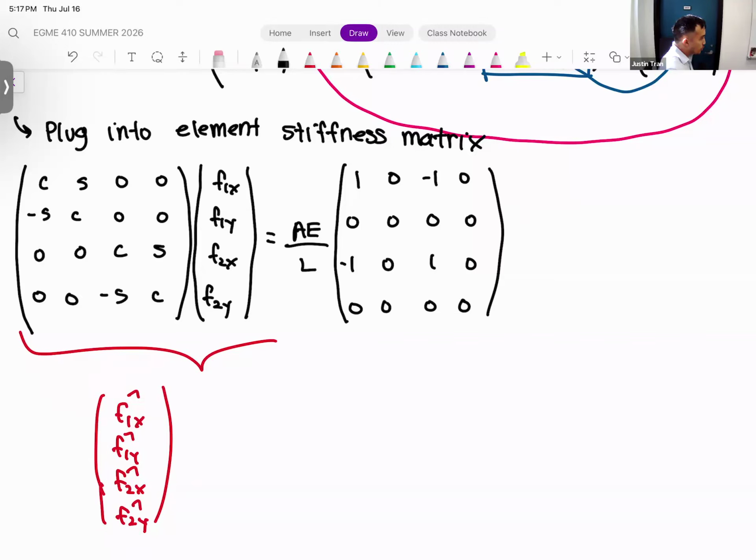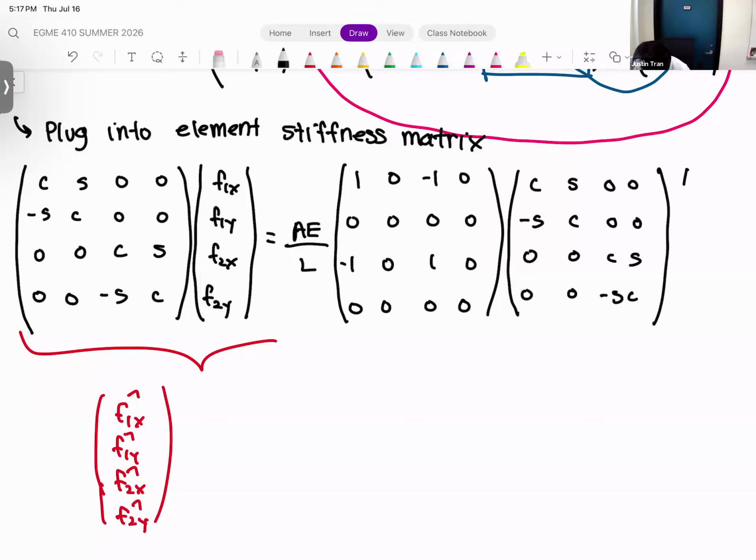And then from there, we're going to multiply it by the vector of our deformation, to which we're going to apply the exact same transformation. Okay. All right. So this is multiplied by the exact same transformation matrix. So we have C, S, 0, 0, minus S, C, 0, 0, 0, 0, C, S, 0, 0, minus S, C. And then this is multiplied by a vector of the deformations in the stationary coordinates.